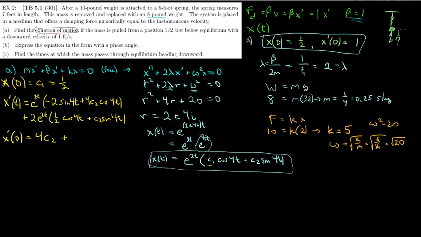Plus, now we have 2 times 1 times 1/2, which is 1, times the cosine of 0, which is 1. So I think that's just 1, and then sine of 0 is 0. So 4 times c2 plus 1, what is x prime of 0? It's just 1. Right? So that tells me that c2 is 0?